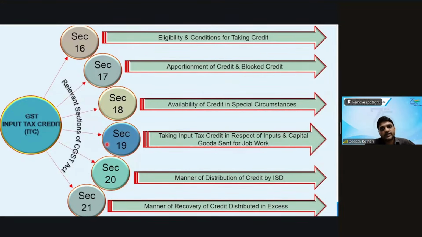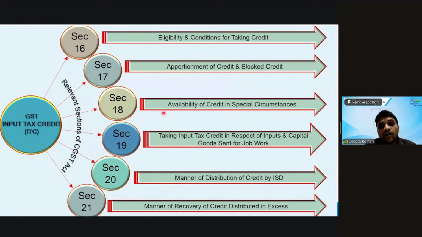The ITC chapter under the GST law covers these sections, and these sections will have relevant rules, and the section will be read with the rules. Section 16 is important, you have to remember it, because that is the main section which talks about the eligibility and conditions for taking credit. Then section 17 talks about apportionment of credit and block credit. That is also very important.